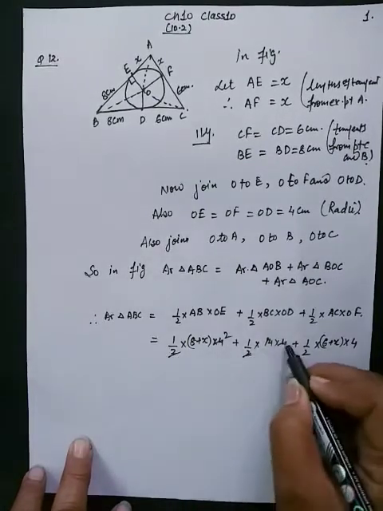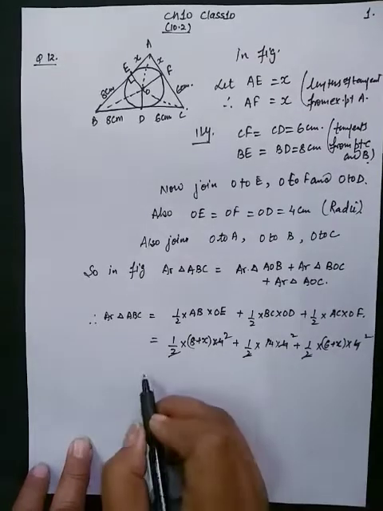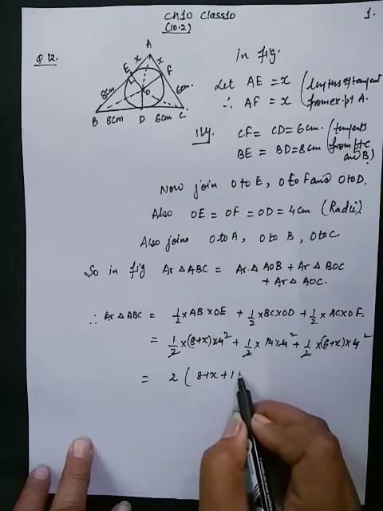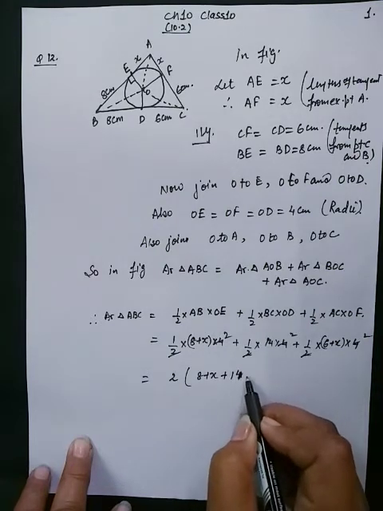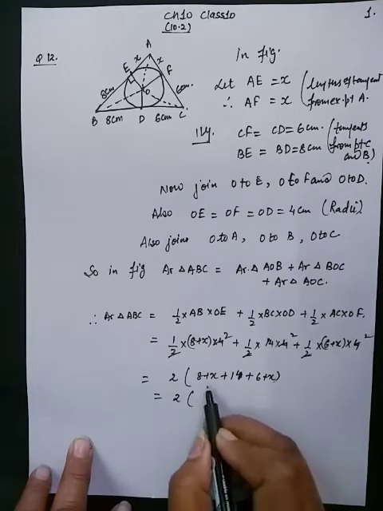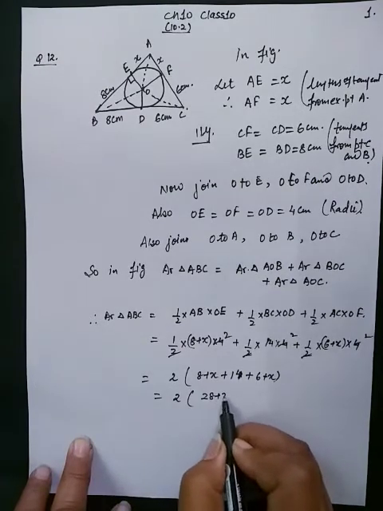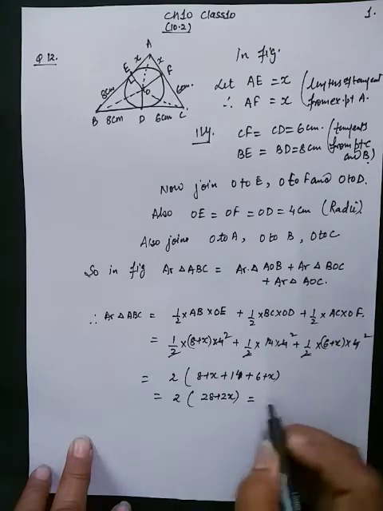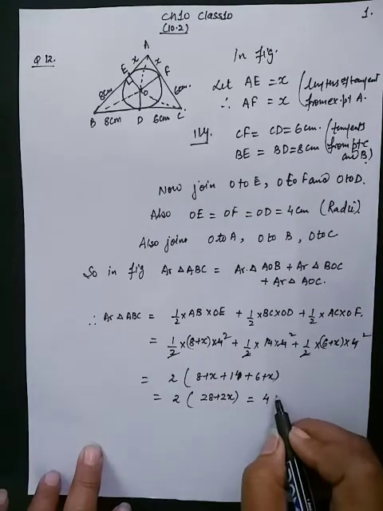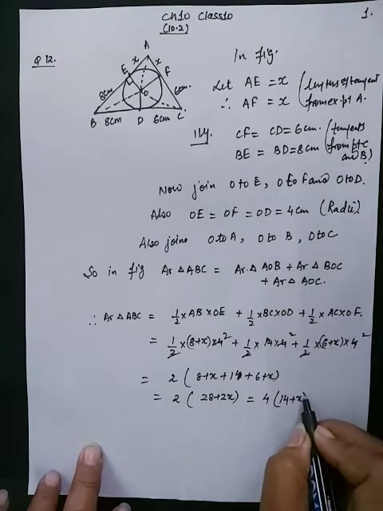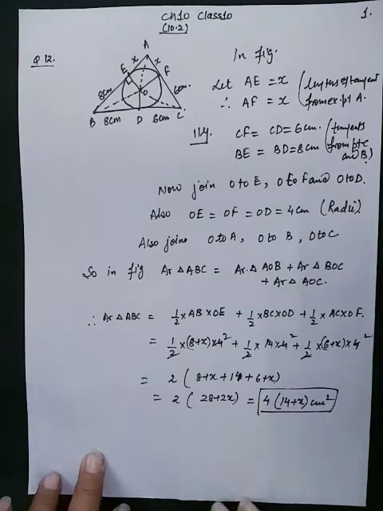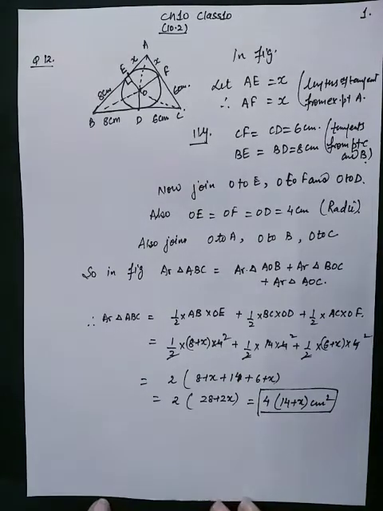So we can take 2 common and 8 plus x plus 14 plus 6 plus x. We get 2 into 28 plus 2x, and again we can take 2 common, 4 into 14 plus x centimeter square. So this is the area of our triangle.